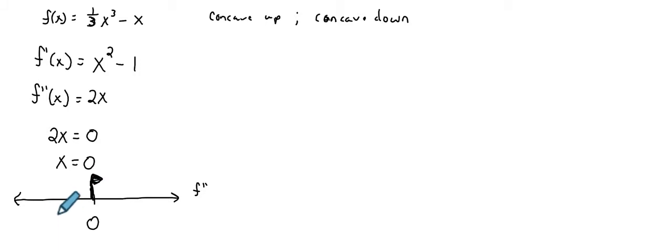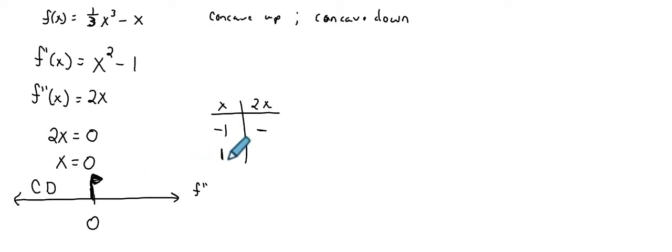I'm going to pick a number less than 0 and see what happens. In my test value here, if I plug in, say, -1, well, 2 times -1 is going to give me a negative. So that's less than 0. So if I'm negative, that means I am concave down over here. Then I'm going to try something greater than 0.